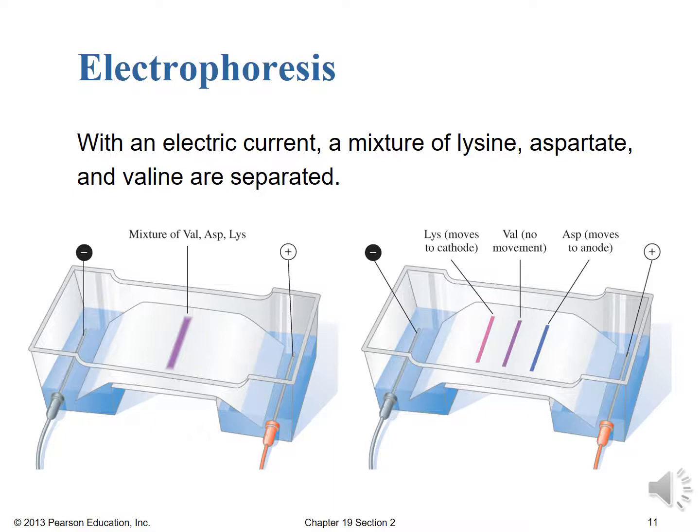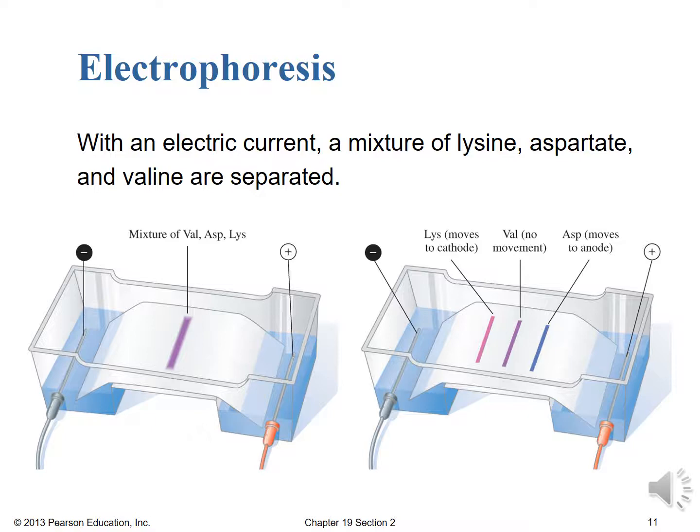So here we see an example of an electrophoresis setup, and an electric current was applied to that mixture of lysine, aspartate, and valine on the left, and as a result, the lysine moves to the cathode. The lysine itself is positively charged, so it's attracted to the negatively charged end.